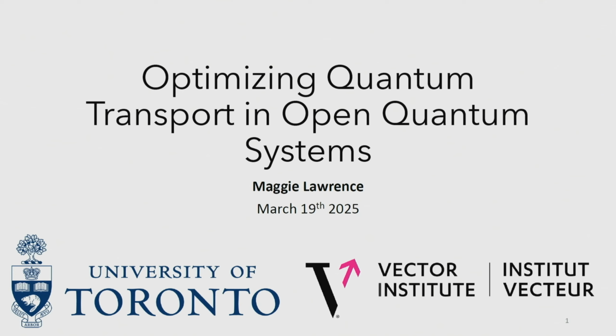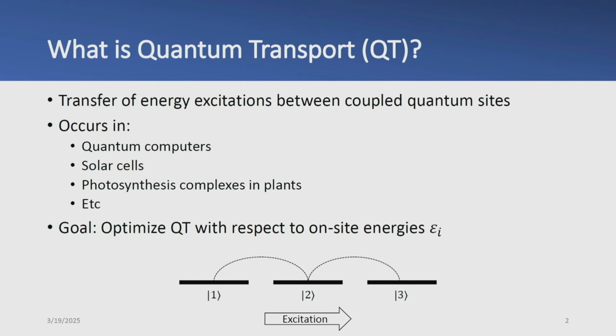Today I'm going to speak to you about my research on optimizing quantum transport in open quantum systems at the University of Toronto. When I say quantum transport, I'm using this just as a catch-all term for any transfer of quantized particles between coupled quantum sites. These particles could be electrons or charges.